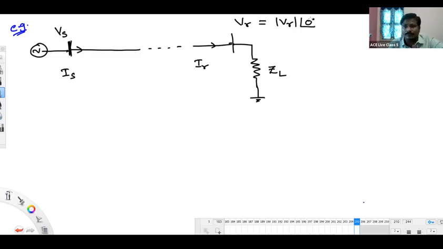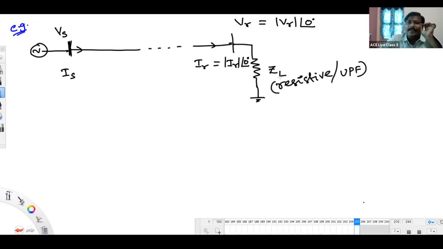As the load is a resistive load, obviously the current IR will come with some magnitude and an angle of 0 degrees only. As the load is a pure resistive or UPF load, the receiving end current will definitely have an angle of 0 degrees, same as the voltage.